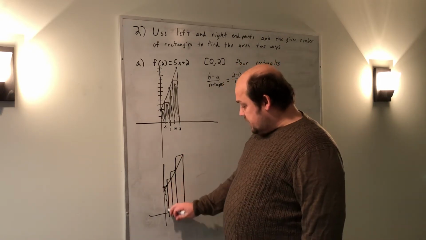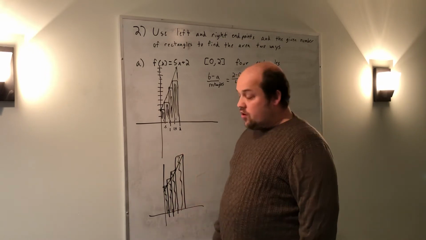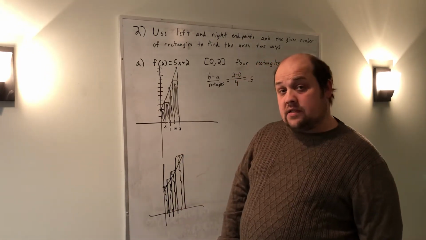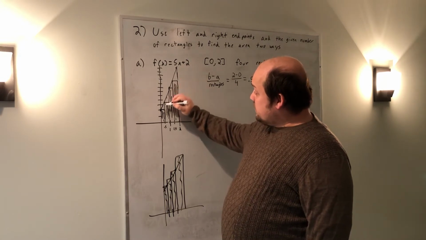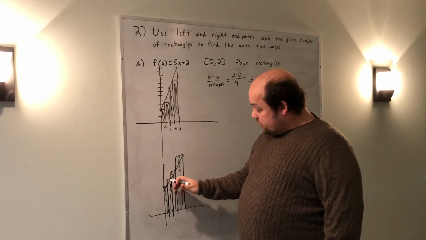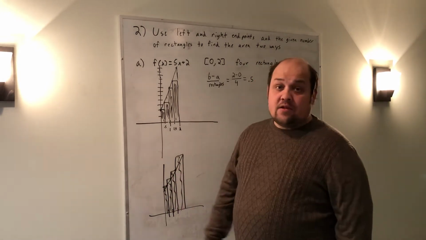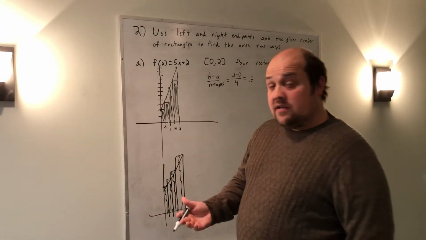In this case, it would tell me this whole shaded area is the area under the curve given right-sided rectangles. The same way we had an issue with left-sided, that this empty space wasn't being counted, when we do right-sided, we're counting this extra space on top of the curve that really shouldn't be counted. So neither of them is perfect.